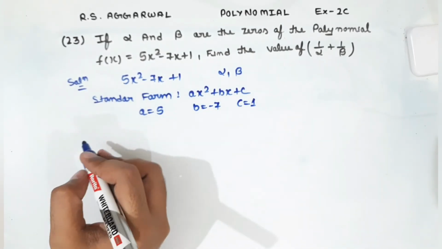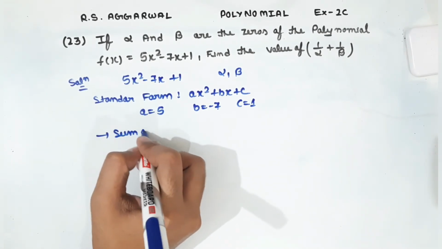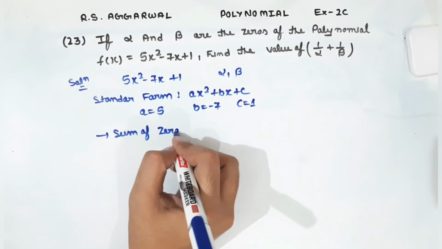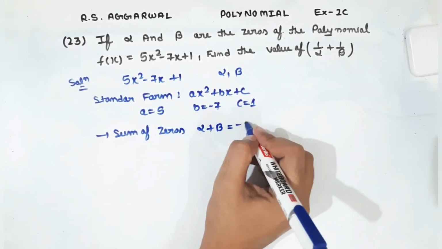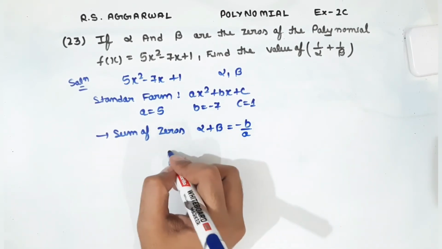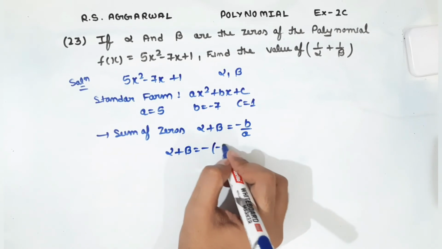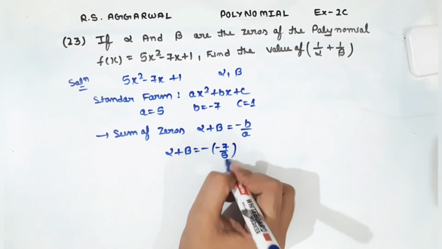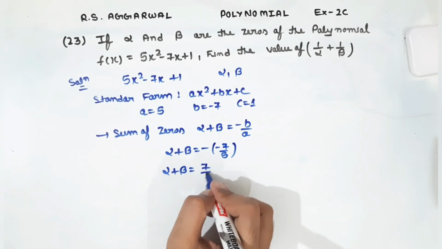So from here, the sum of zeros is given by alpha plus beta, that is equal to minus b upon a. So alpha plus beta will be equal to minus of minus 7 upon 5, so alpha plus beta will be equal to 7 upon 5.